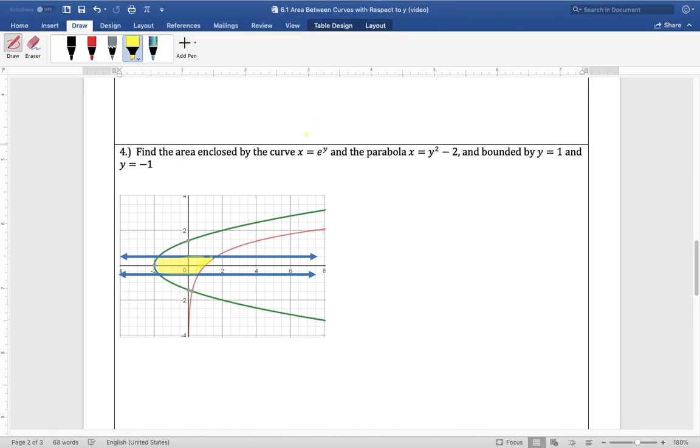Setting this function equal to this function is going to give you the intersection points down here. It'll give you this intersection point, and then wherever these things may intersect up here, and it looks like they don't, that's not what our y limits are. Our y limits are bounded by these two lines right here. So the great thing here is you have 1 and -1 as your upper and lower bound, because that's where the two functions are trapped in between. So that one's easy. You don't have to actually show any solving for limits.